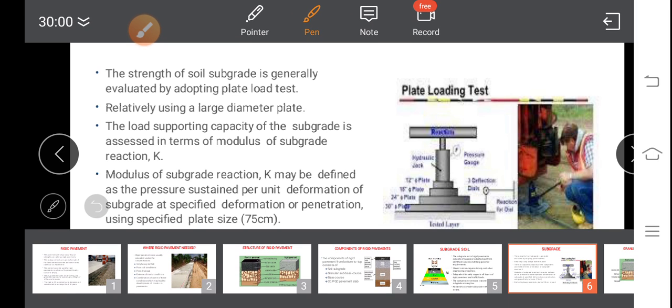The strength of soil subgrade is generally evaluated by adopting the plate load test. We have learned about plate load test in detail.